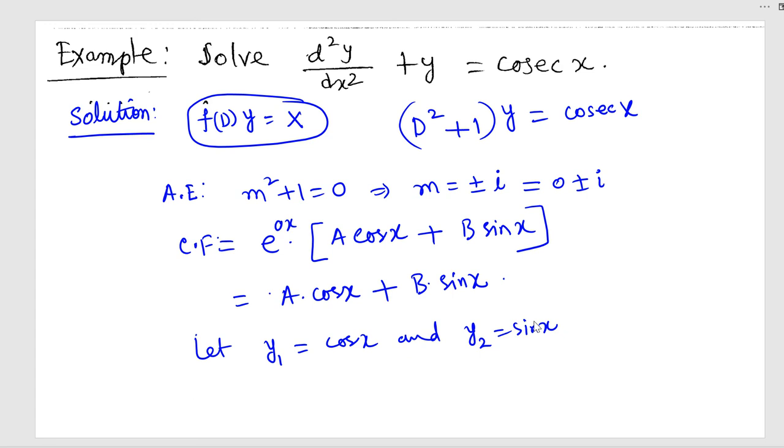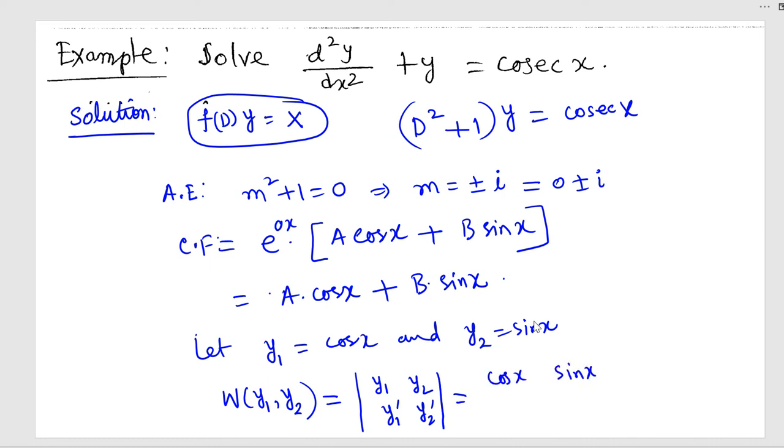So this is the Wronskian of y1 and y2. This is y1, y2, y1 prime, y2 prime. This is cos x, this is sin x.